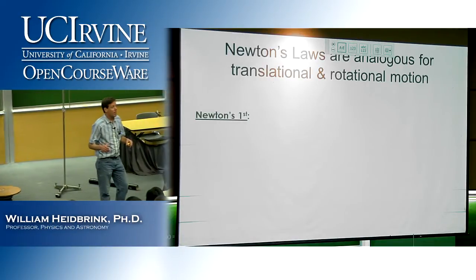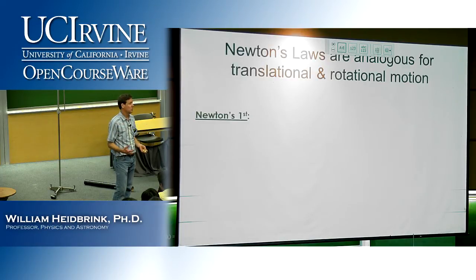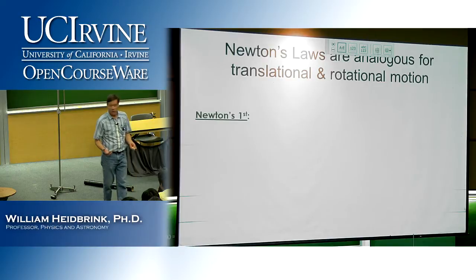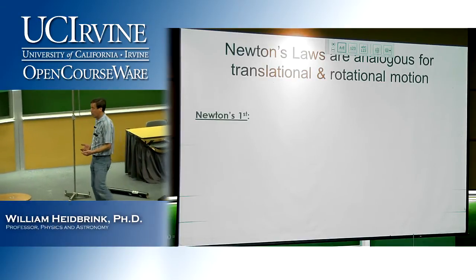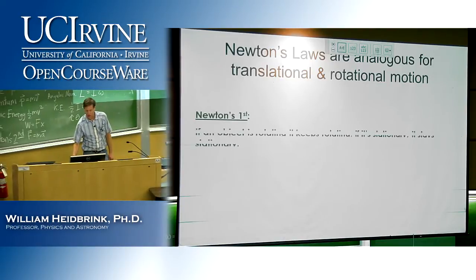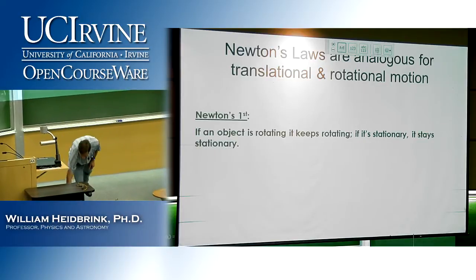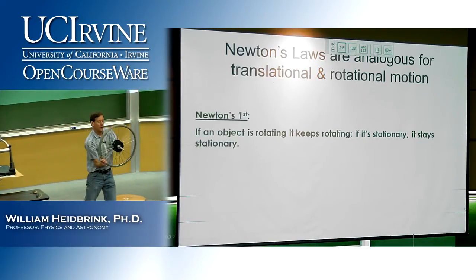Newton's first. An object in motion tends to stay in motion. An object that's stationary tends to stay stationary, and as long as there's no force, that's what happens. Okay, so we have an analog for that for rotational motion. If an object is rotating, it keeps rotating. So here's my wheel. It got going.